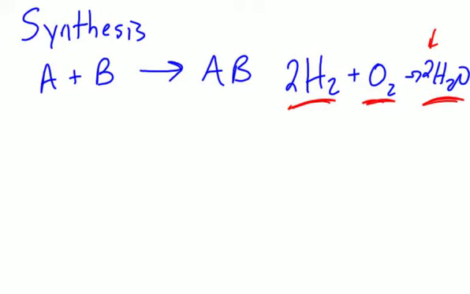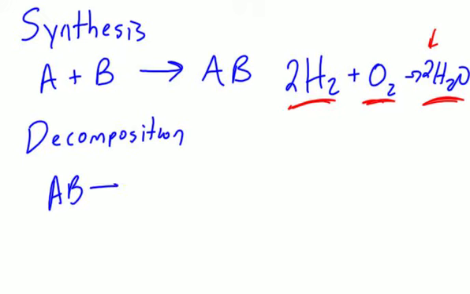The opposite of that is known as decomposition. So that's when you take a single chemical and break it down into individual chemicals, or not always individual, but smaller ones. And it could be two, three, four, it doesn't really matter.